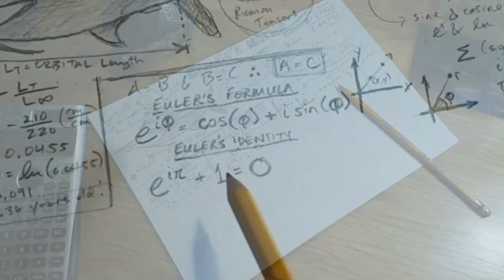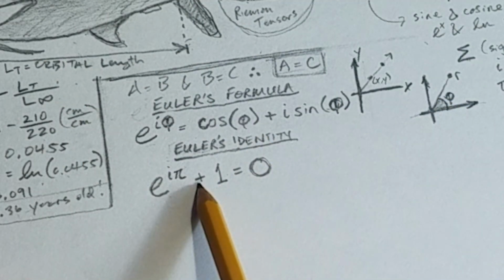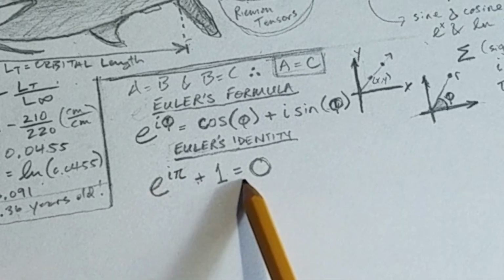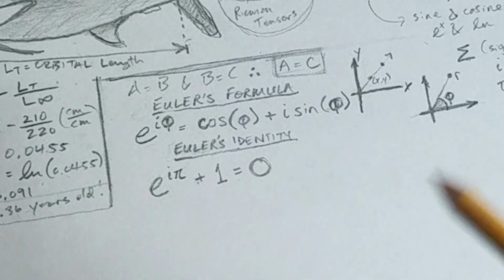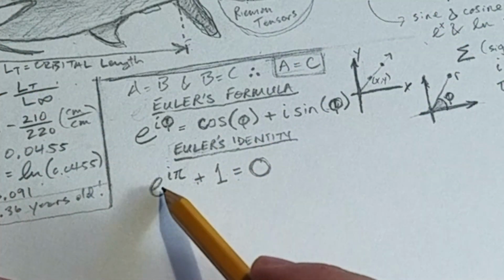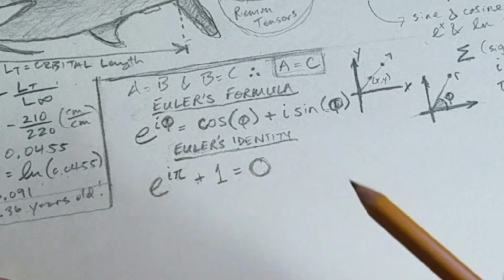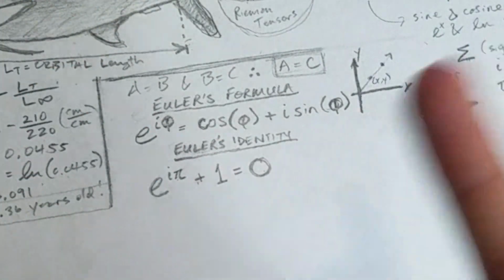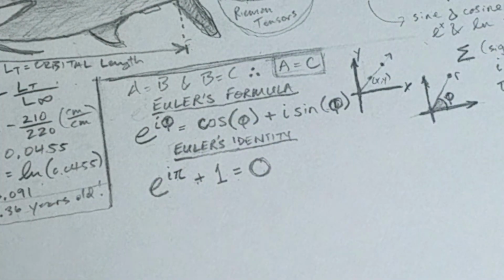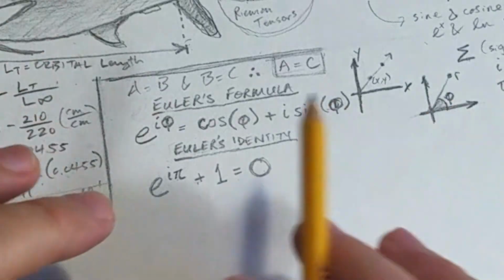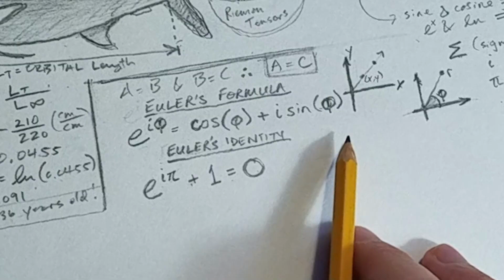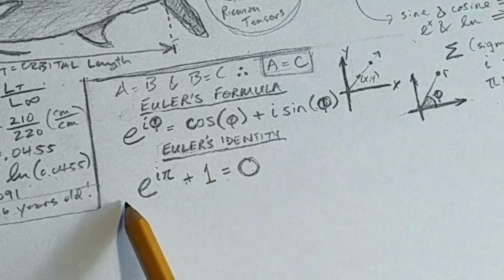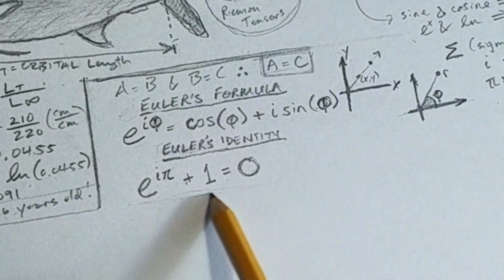The notions of addition, multiplication, exponentiation, and equality, and the fact that these are used with 5 of the most fundamental yet mysterious constants in all of mathematics. I don't know, to me that was just a really interesting observation.